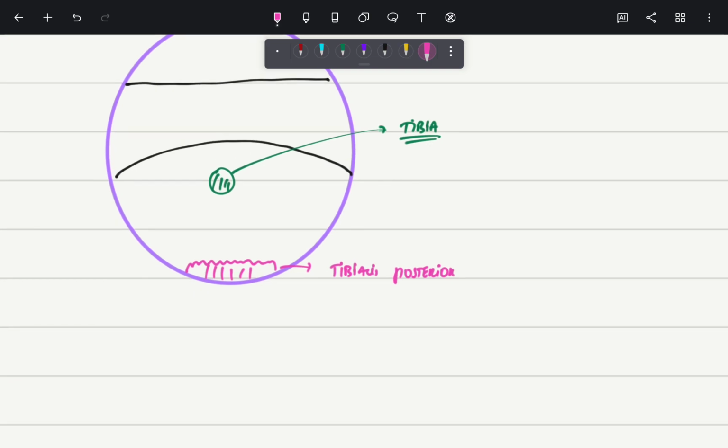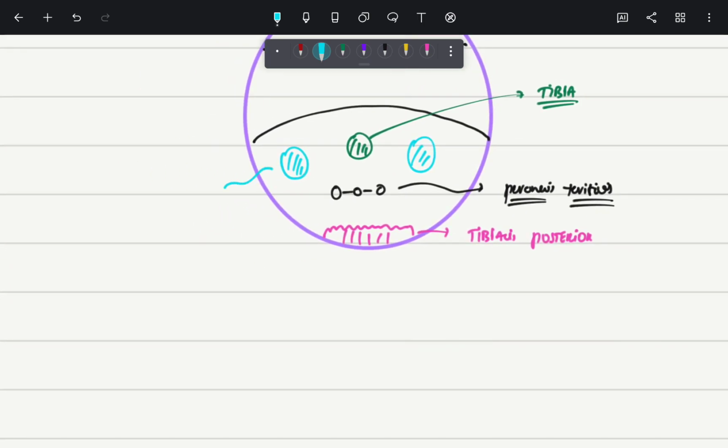Okay. And not only that, we also have the three-headed monster here, which is your Peroneus tertius. And aside from that, in the anterior compartment we had two muscles which helped in extension, but here there are two muscles which help in the flexion of the great toe.